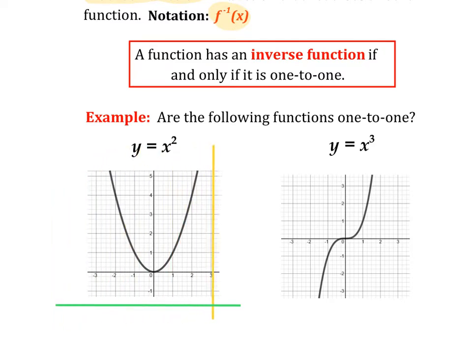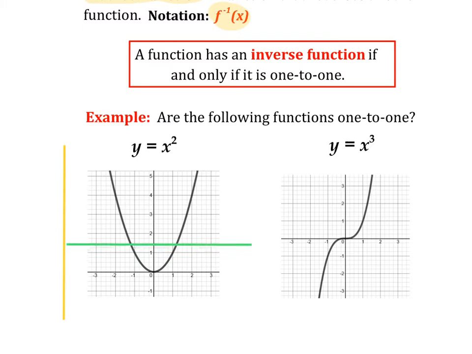I use the vertical line test. Yeah, it passes. So this is a function. Is it one-to-one, meaning does it pass the horizontal? No, because I'm seeing intersections here and here. It intersects at more than one spot, so it fails the horizontal line test. Therefore, it is not a one-to-one function. So its inverse would not be a function.